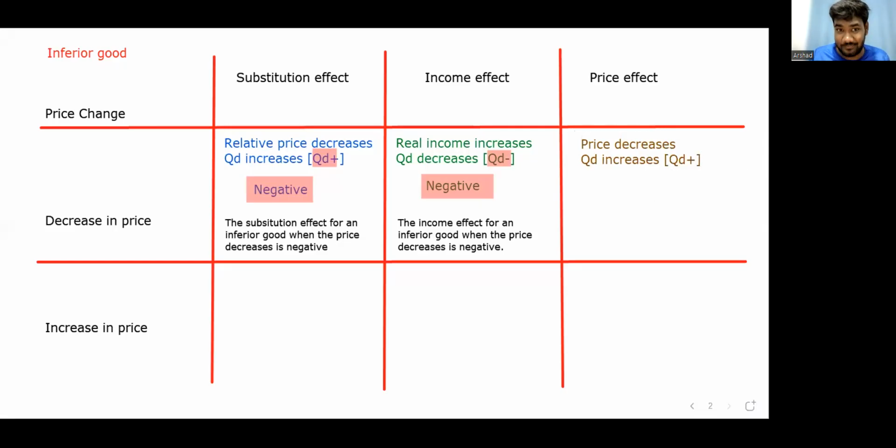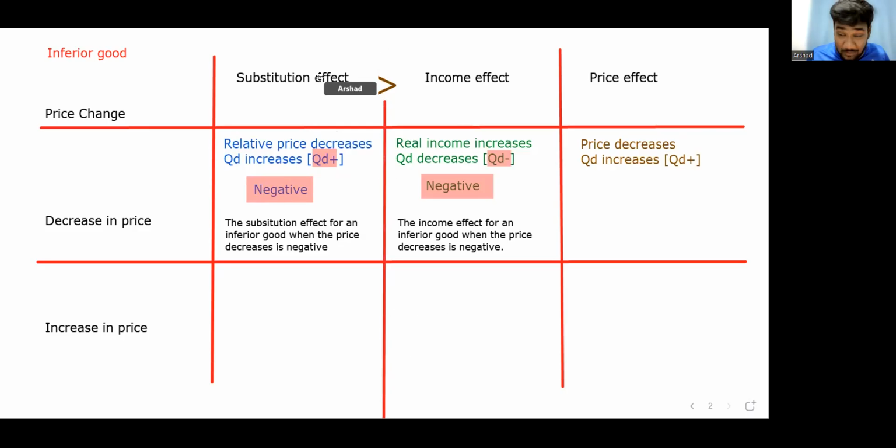The reason is the negative substitution effect is more powerful than the negative income effect.